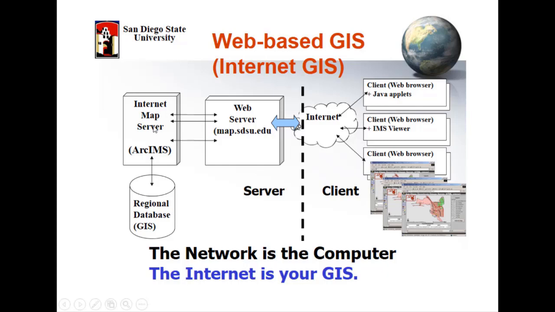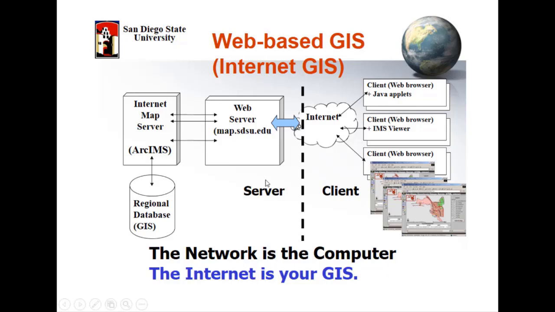On the server side, you can see there was the ArcGIS server, earlier called ArcIMS, that is Internet Map Server, and then a Web Server. So two servers were there: one is the Internet Map Server, another is the Web Server, and the regional database is also there. All these come under the server.